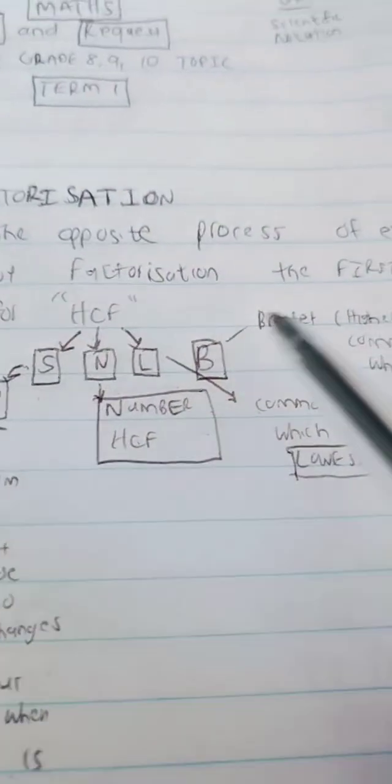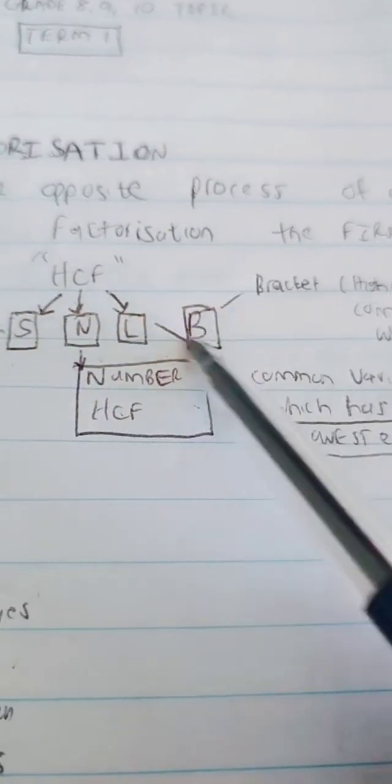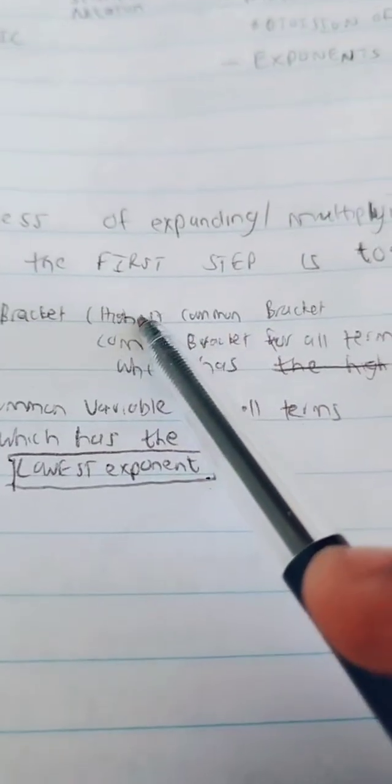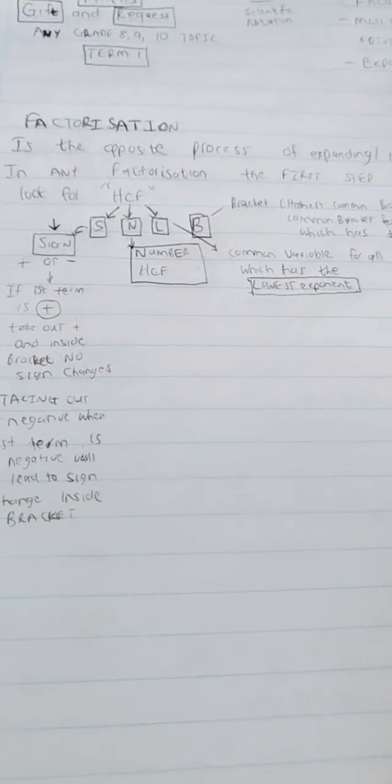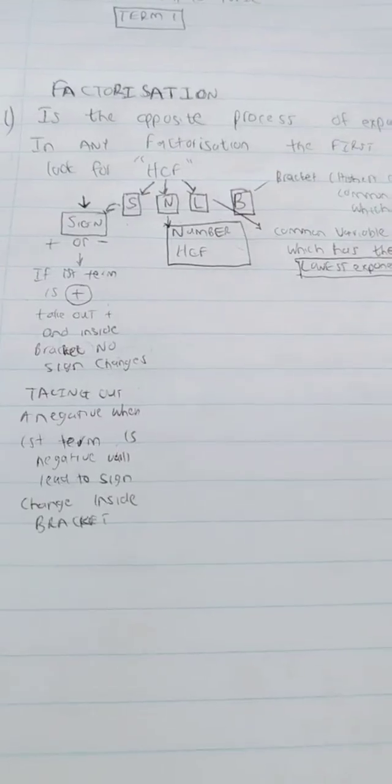And then lastly, the highest common factor bracket, the common bracket for all the terms which has the lowest exponent. So this, guys, is the important thing you need to note about your highest common factor.